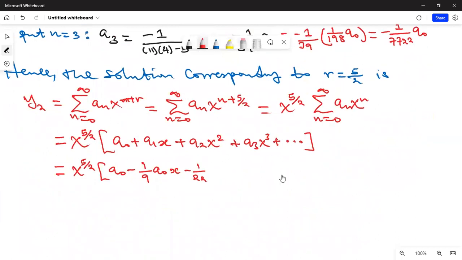So I'll rub what I've written here and replace it with the positive 1 over 198. So I rub just what I'd written as negative 1 over 22. That should be positive 1 over 198.